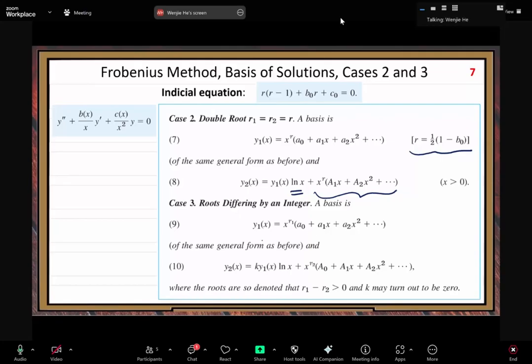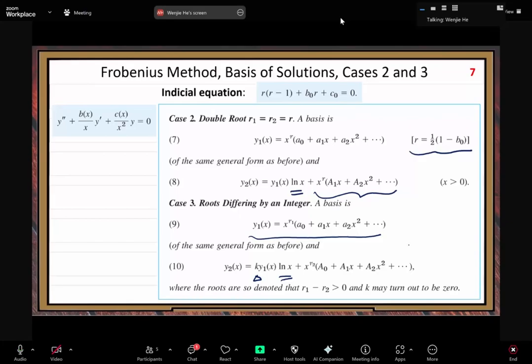For R1, you still use R1 all the way. But Y2 is Y1 times the natural log term with K. Remember the difference is an integer, right? K is the difference of that integer number. You take the difference, R1 minus R2.